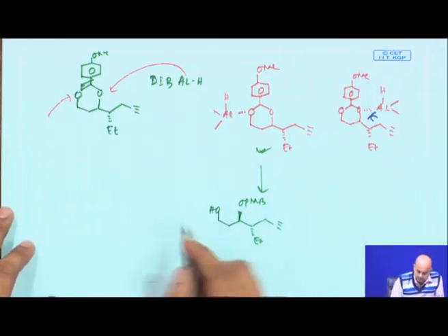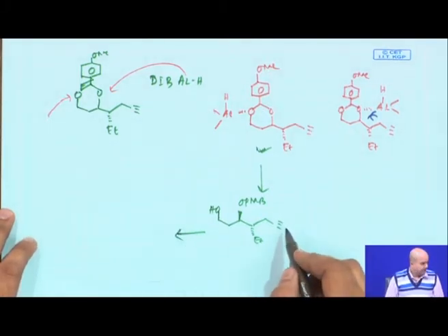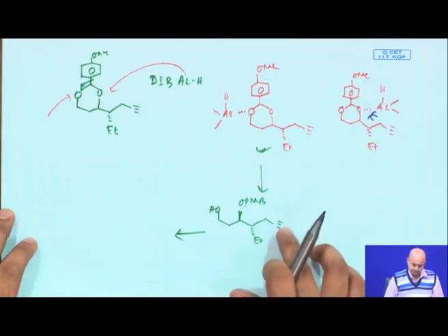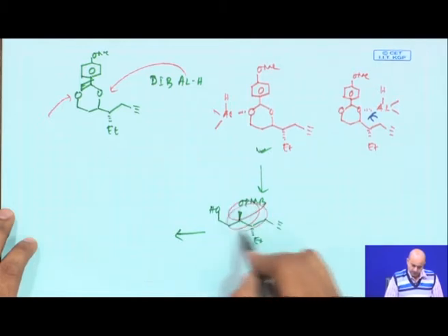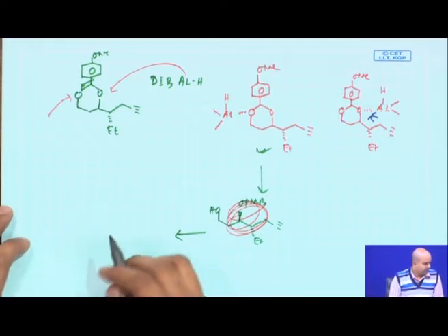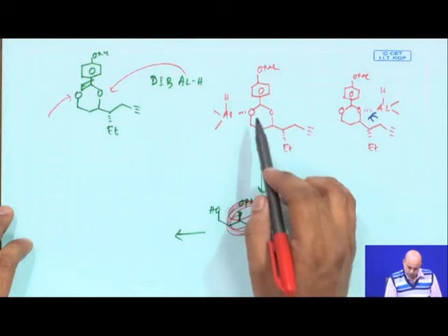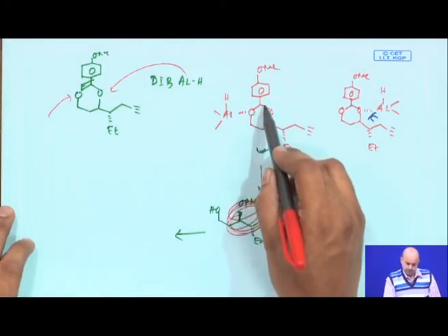So, next in your synthetic scheme, what will you be doing? Oh no, we are a little bit wrong here, sorry, your acetal will be opened up on that side, in CH2O. One minute, yeah, so here OCH2.